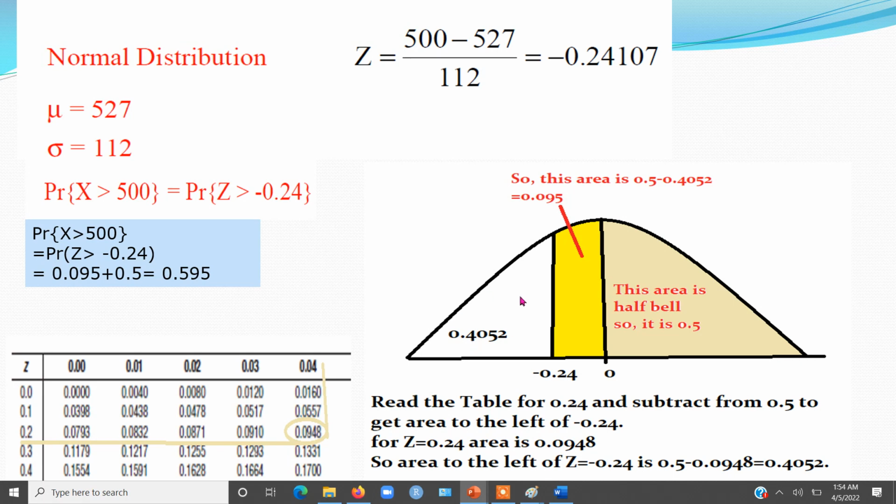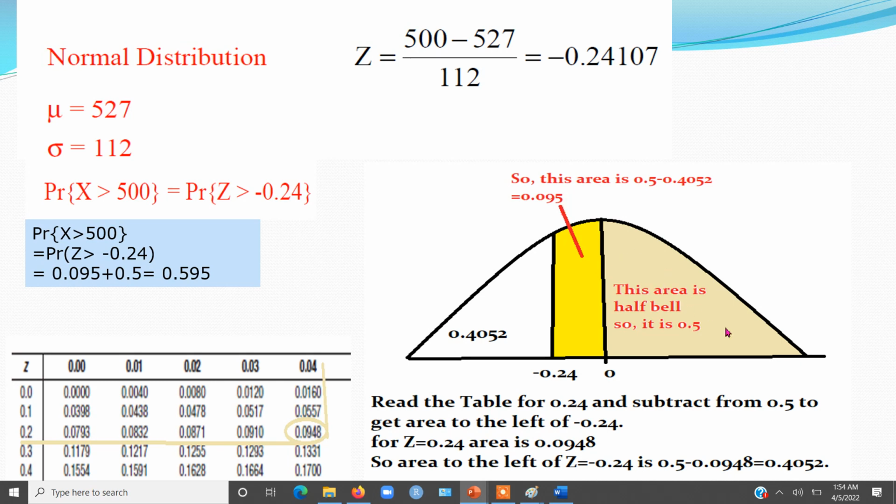But I don't need this area. In the question, I need the area where x is greater than 500, in other words, z is greater than minus 0.24. So if I subtract 0.4052 from 0.5, I'll get this yellow part, the area between minus 0.24 and 0, which comes out to be 0.095.